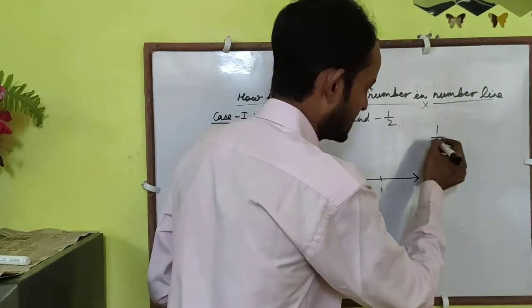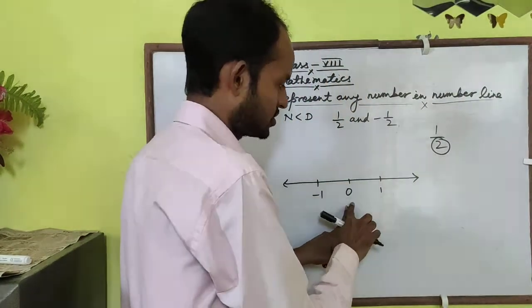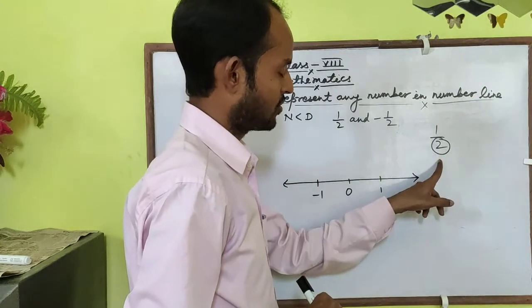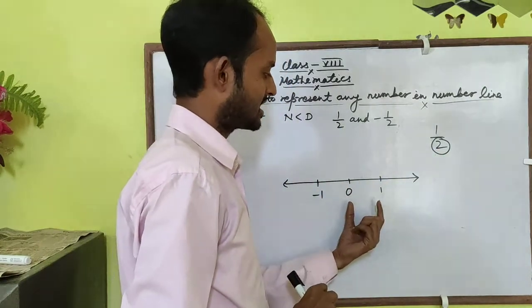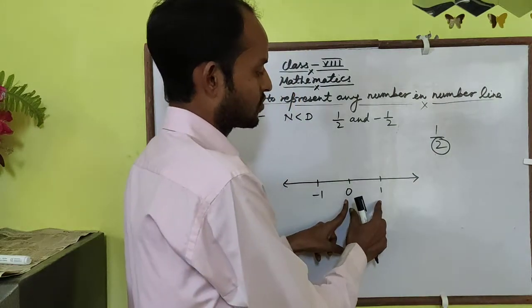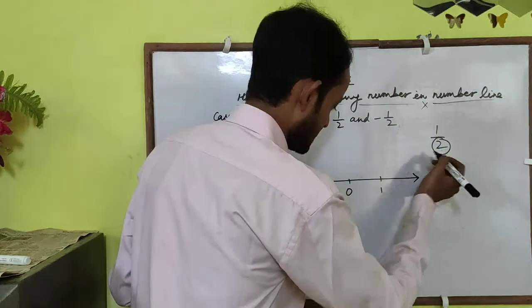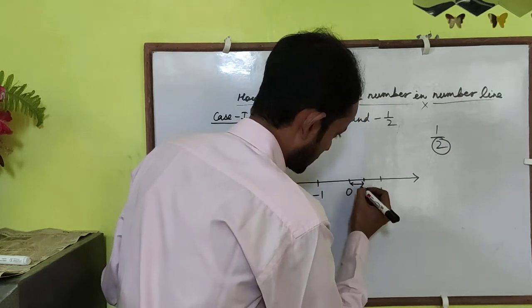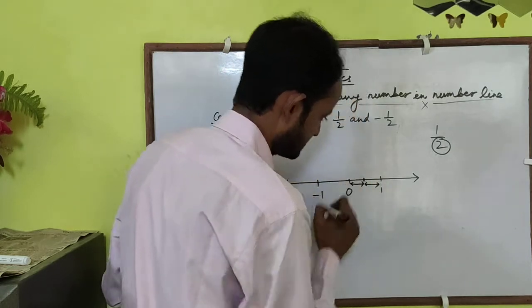Here 2 means take two equal parts. This is the first equal part and this is the second equal part.